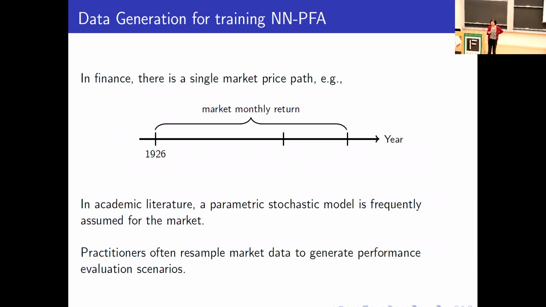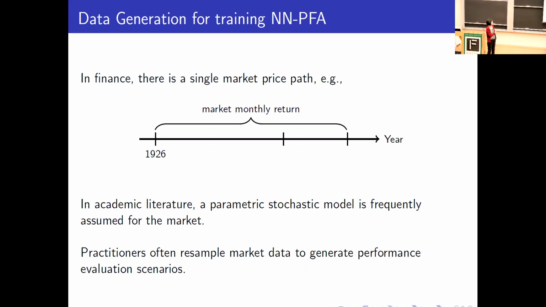Okay, so we're going to solve this problem by looking at many scenario paths. How do we do that in practice, in the real world? In financial markets, we usually only have a single time series observation of market return.